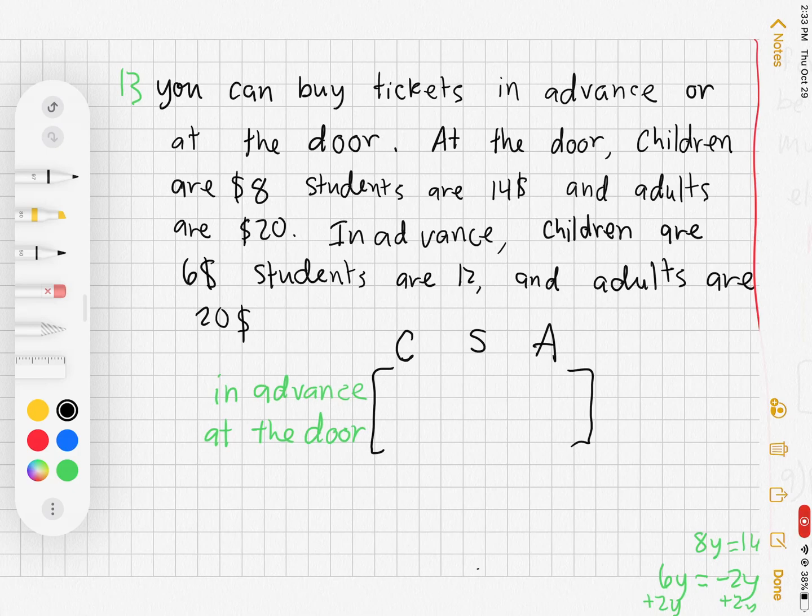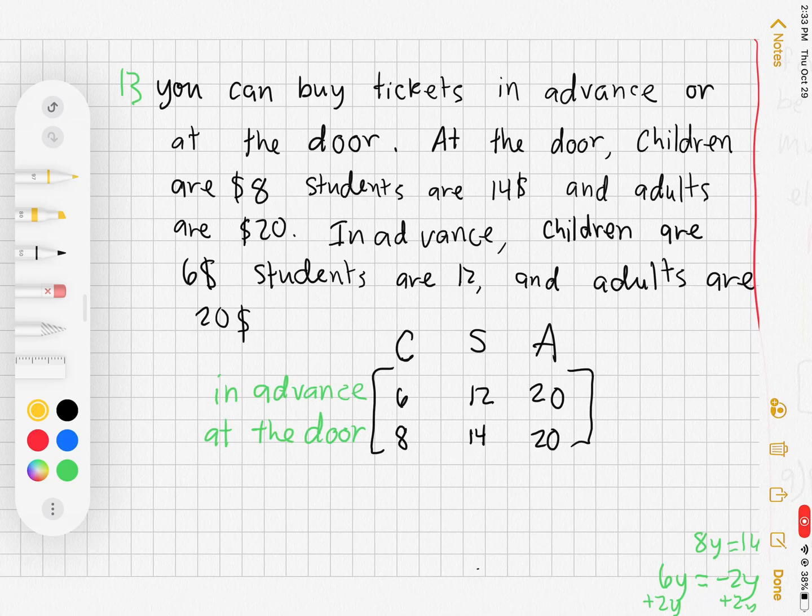Well, now we just kind of enter in the values. At the door, children are $8, students are $14, and adults are $20. In advance, children are $6, students are $12, and adults are $20. And there's our answer.